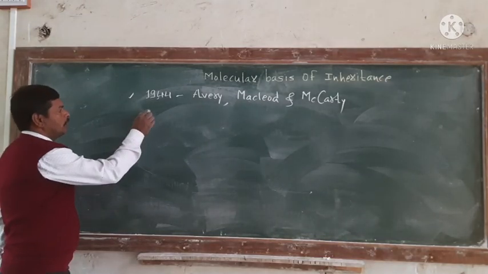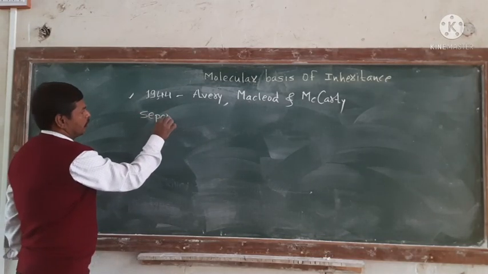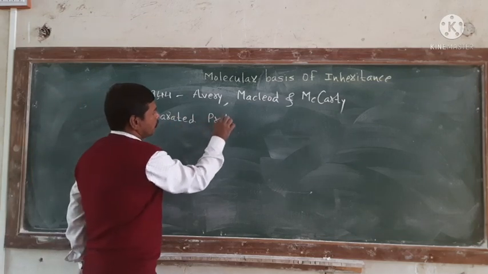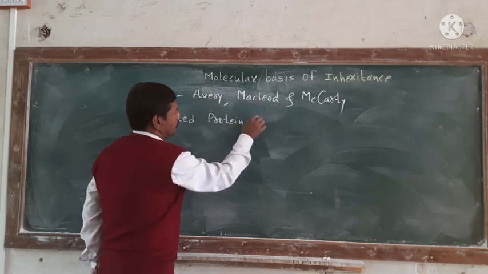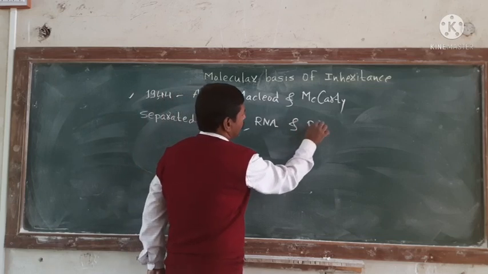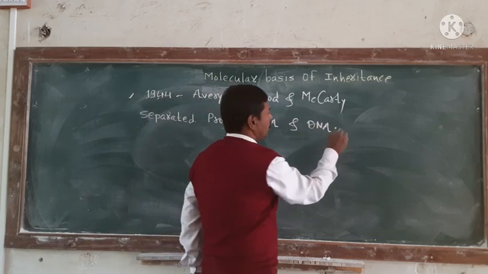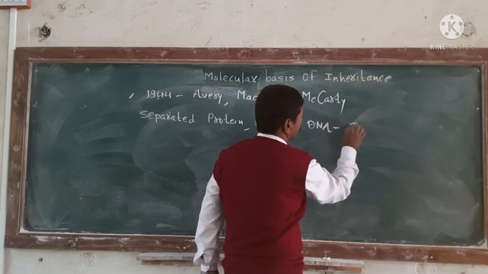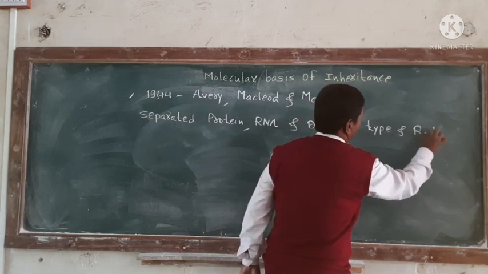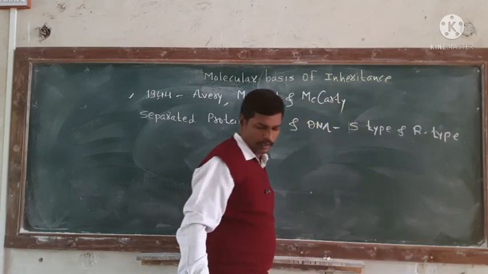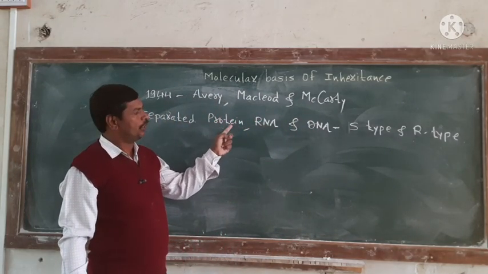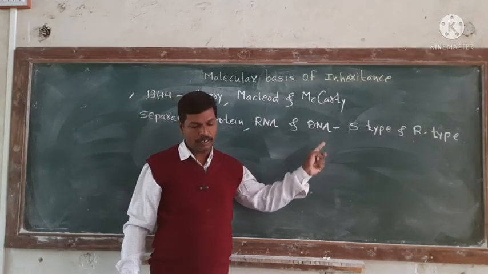They separated the protein, they separated the RNA, and they separated the DNA from the S type and the R type. They separated first the protein, second the RNA, and third the DNA.